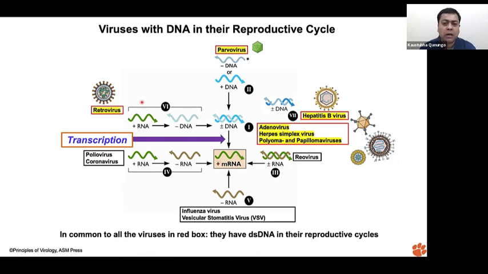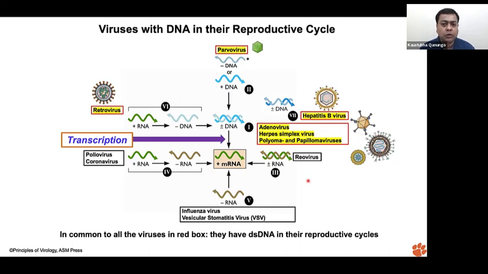Now here, we have to separate these out into two other phenomena. If you just look at these viruses under the red box, all highlighted, these viruses do have a DNA in their reproductive cycle.